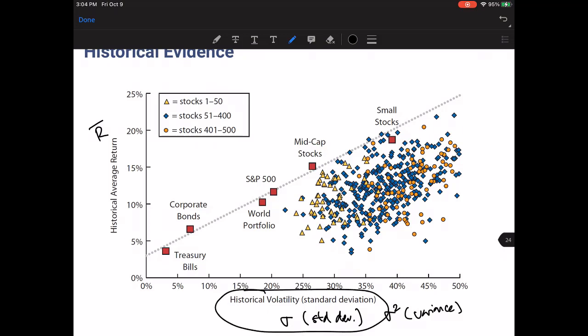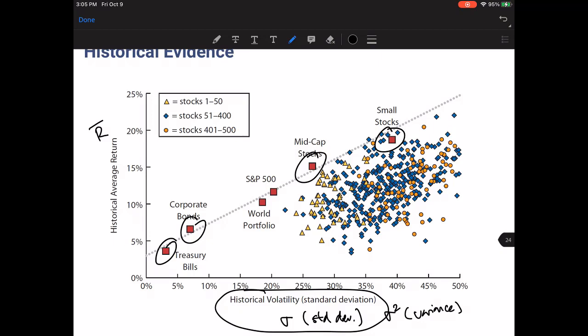Just based on this graph, it should be quite clear that there is a positive relationship between risk and return. If you look across different asset classes, small stocks, mid-cap stocks, corporate bonds, treasuries, they sit basically on a line.